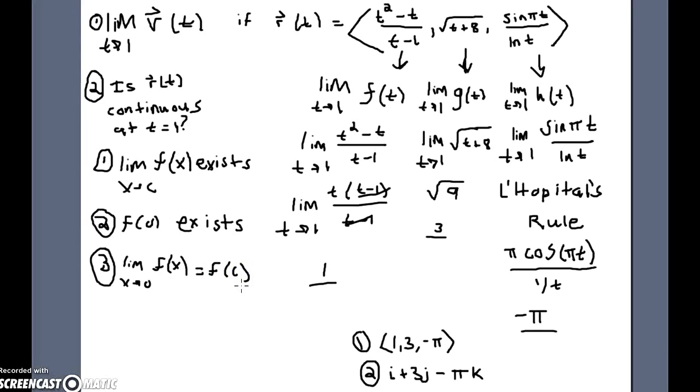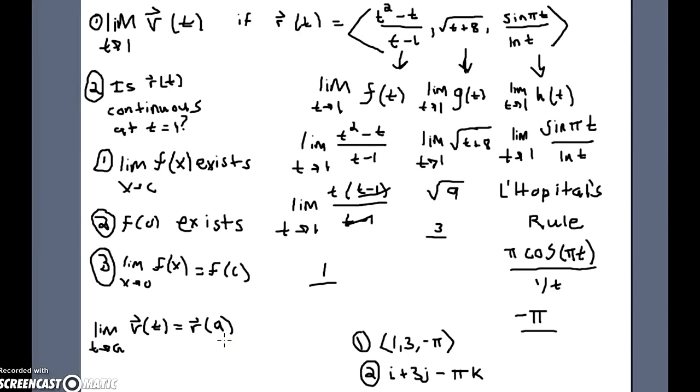So in this context, in 3D, the definition is very similar. In fact, this is the definition. In order for r of t to be continuous at t equals a, the limit as t approaches a for r of t has to equal r of a.